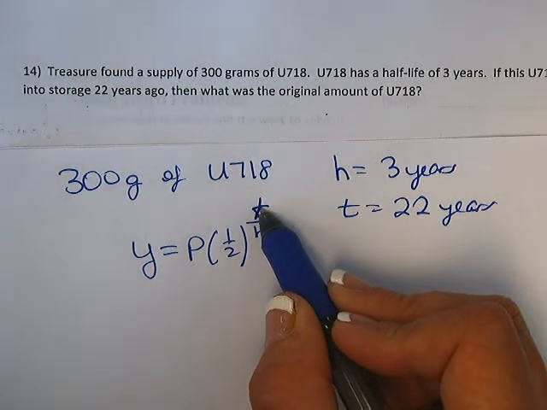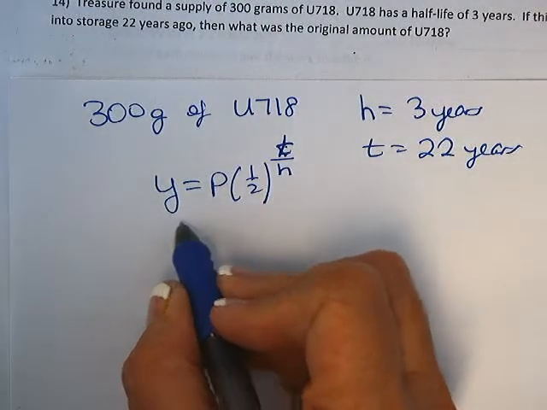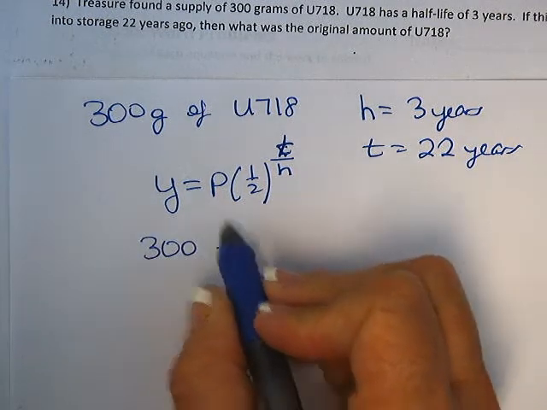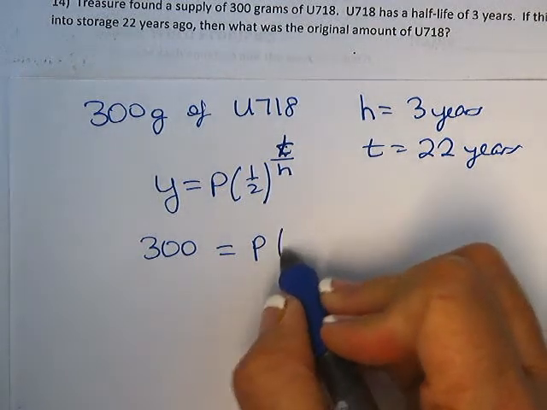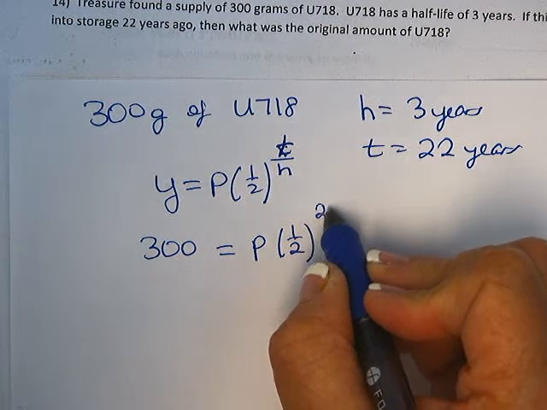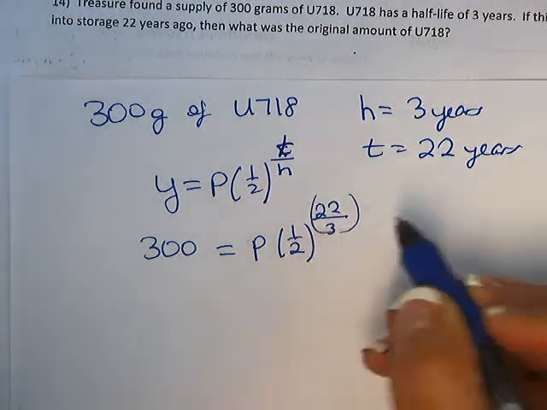It's the time that has elapsed. So putting our values in here, Y is equal to the amount we have when we discover it, so that's 300. Our original amount is what we don't know, so I'm going to search for that. 1/2. T was 22 years, that's how long it was in storage, and my half-life is 3.